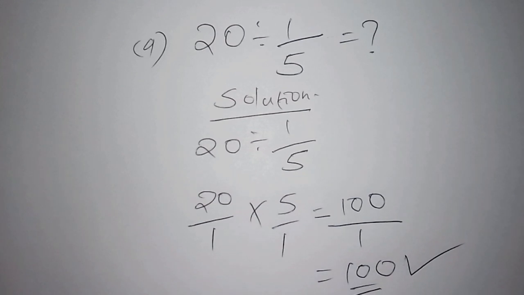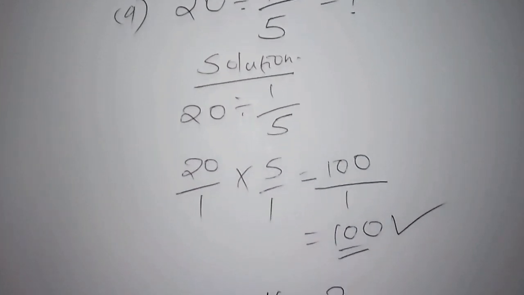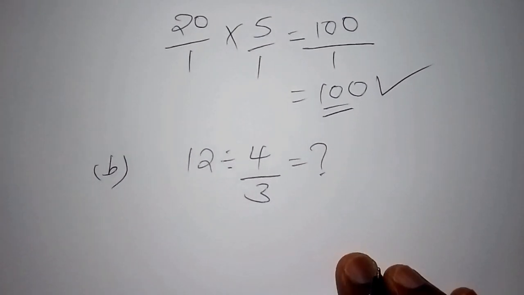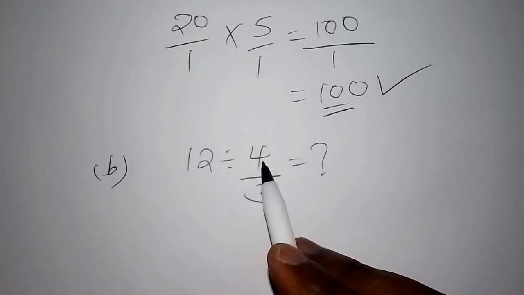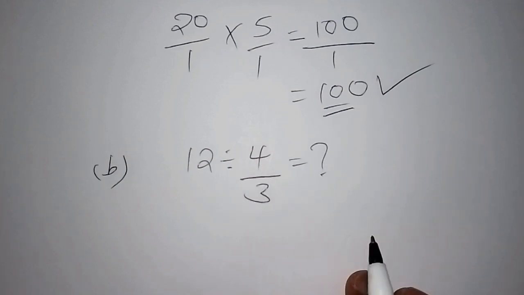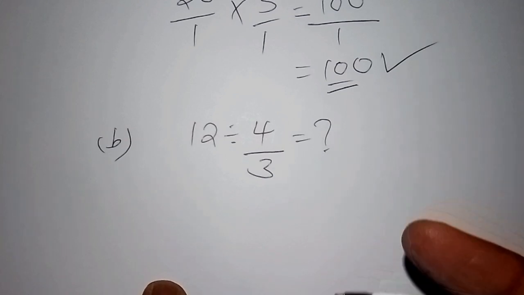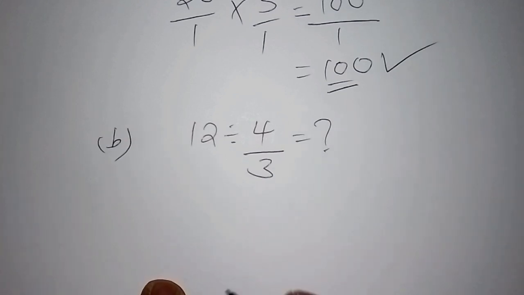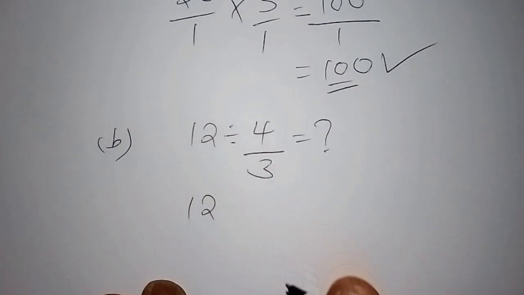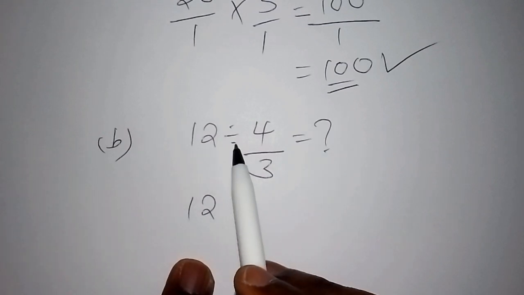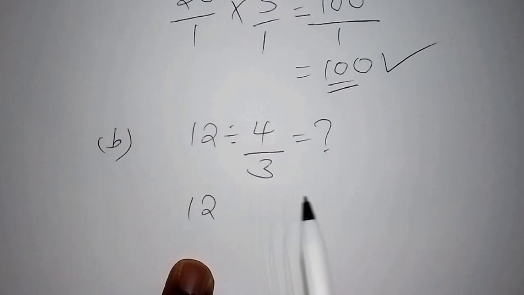So let's move to the next one, that is part B, and let's work out the challenge for part B very fast. We have 12 divided by 4 over 3. How do you work out 12 divided by 4 over 3? The first step is the one that we explained in part A. We are simply going to write 12. Then the sign for division shall change to the sign of multiplication.